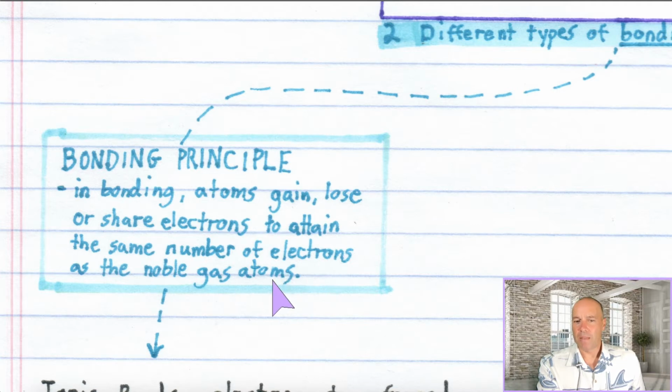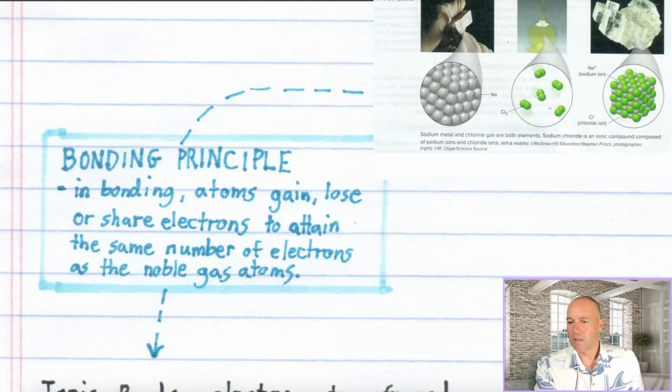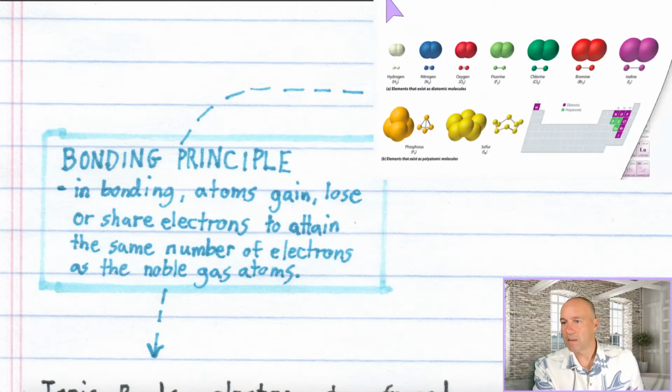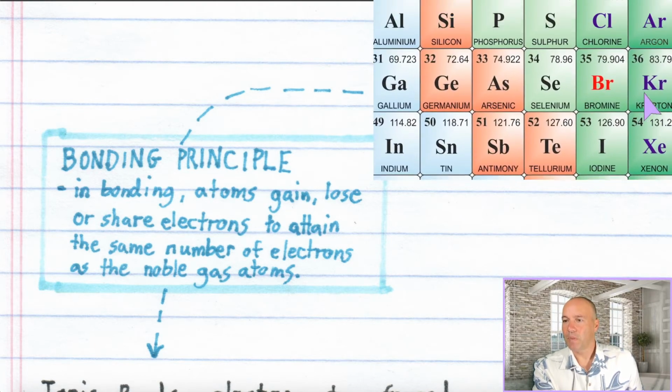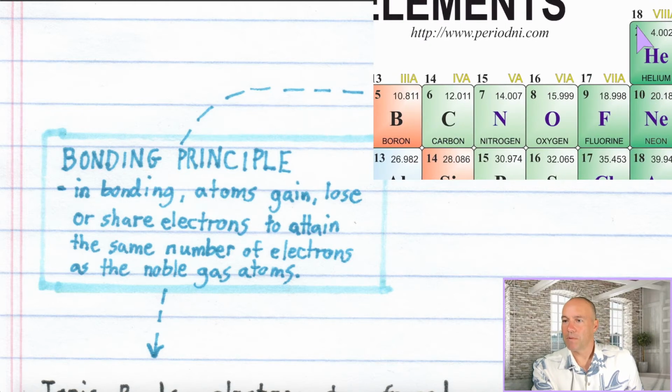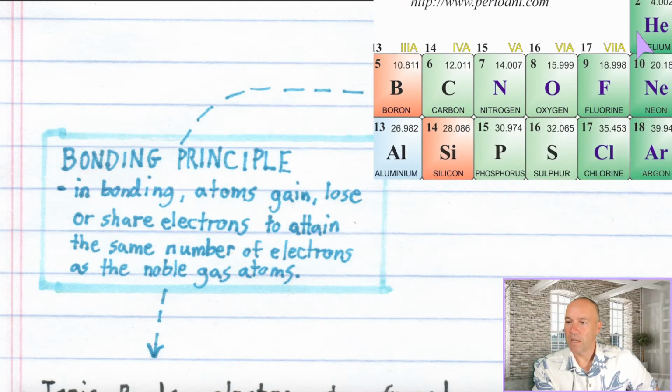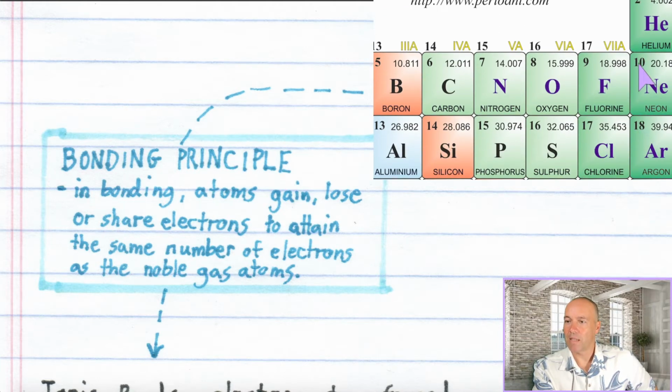There's something about the noble gases that atoms want to be like. I'll show you the periodic table. The noble gases are on the last column. Look at the numbers of electrons that they have. Helium atoms have 2 electrons, neon has 10, argon has 18. There's something special about having those numbers of electrons.